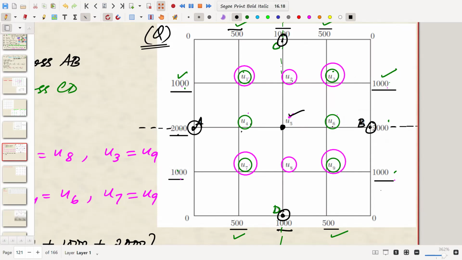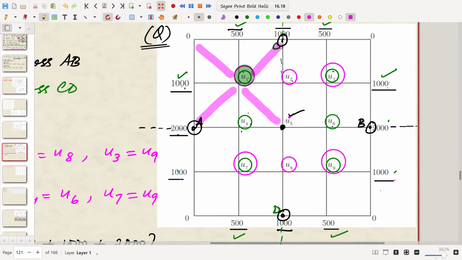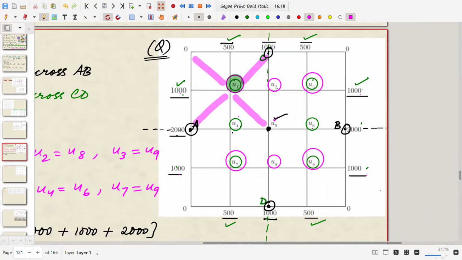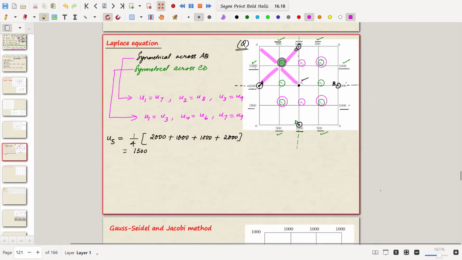Yes, exactly. That is the diagonal. You see the diagonal. If you see the diagonal, what value are you getting? You can take the average of 0, 1000, 2000 and U5, which you just calculated. So can we write U1?